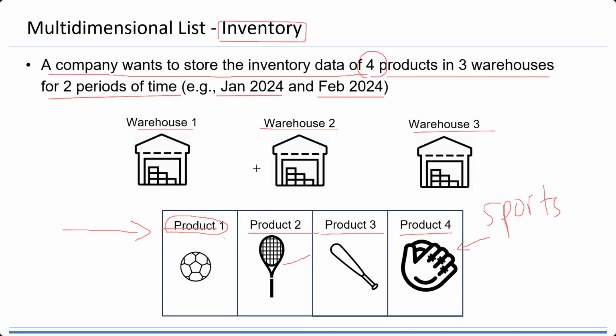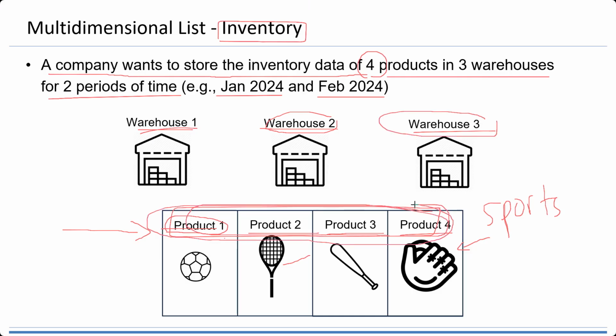They want to manage the inventory data for each warehouse. It means in warehouse 1, they have 4 products. In warehouse 2, they also have 4 products. In warehouse 3, they also have 4 products. Now, they want to know the inventory on January 2024, and they also want to know the inventory on February 2024.